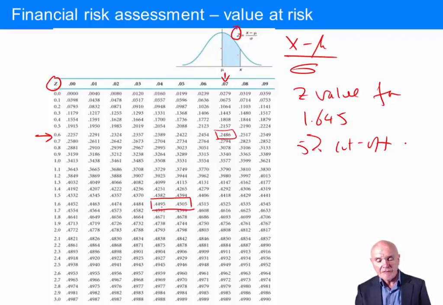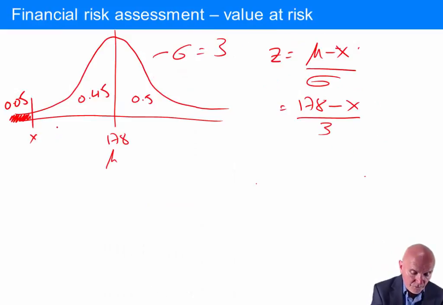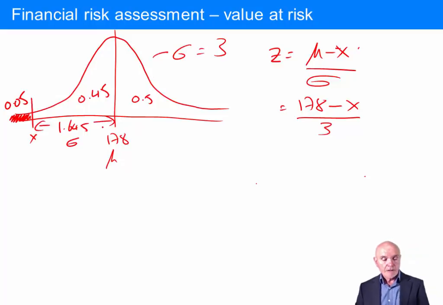So by the time we have gone down this distribution to 1.645 sigmas, because the z value is always the distance above or below the mean as a number of standard deviations, it's 1.645 standard deviations below the mean, then we've got this 95-5% split.